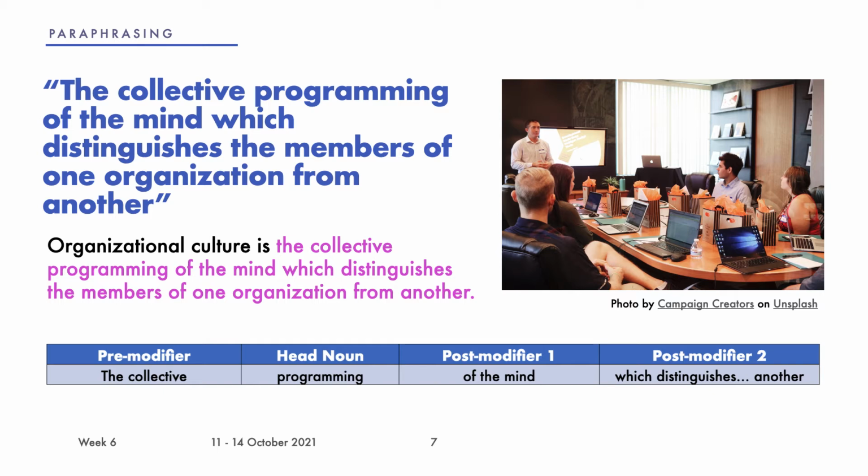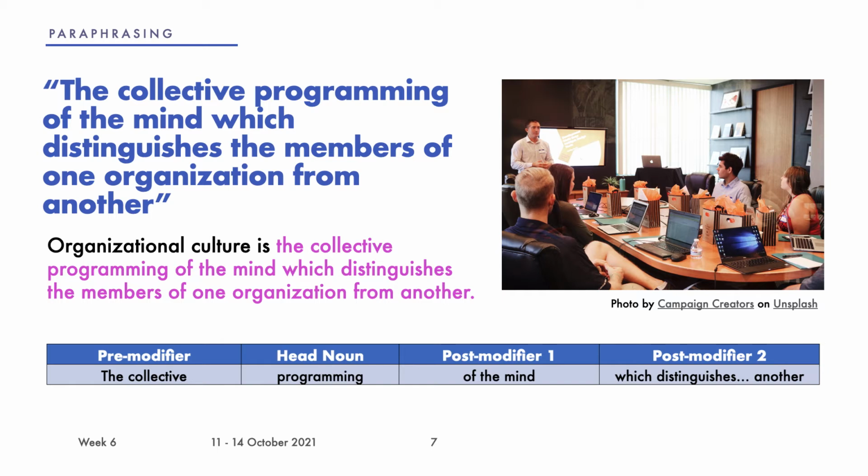Okay, so the target noun group would be the collective programming of the mind, which distinguishes the members of one organization from another. So again, the focus of this noun phrase would be the first noun we can see in the noun phrase, which is programming.